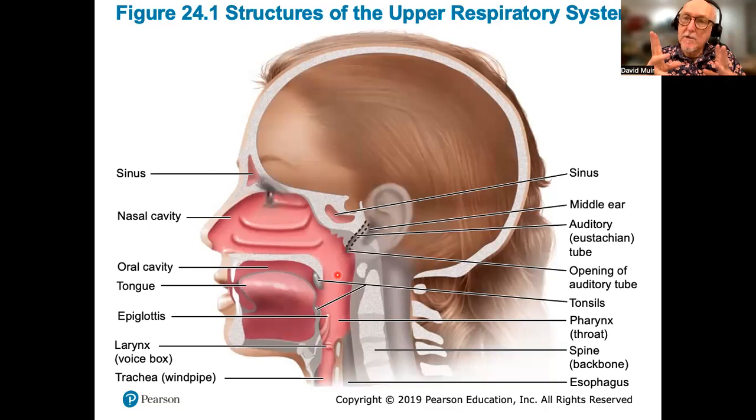But the structure of the tonsils, I can only show you by using my hand, that they have these cavities leading into the interior of the tonsils, which catch bacteria and things and conduct them down to areas of the tonsils where they can be dealt with by the immune system.